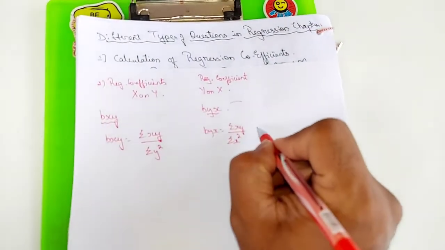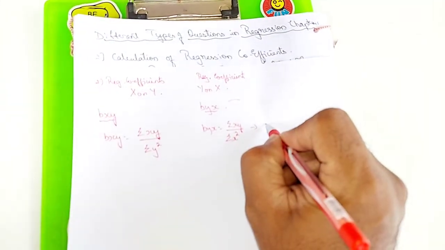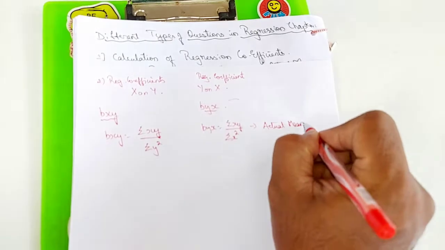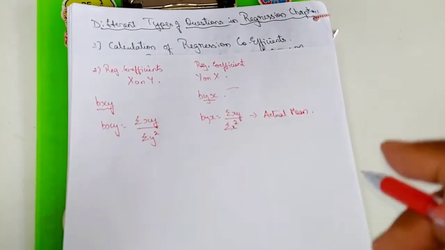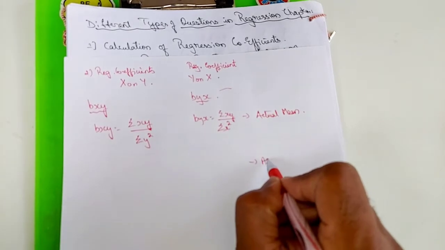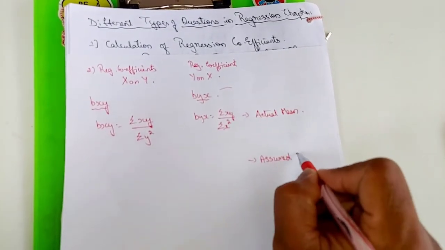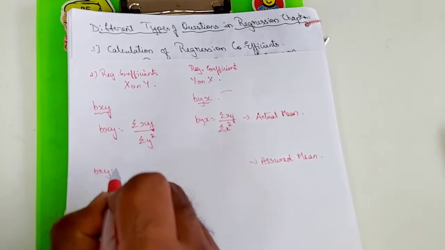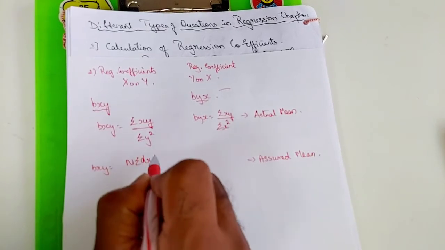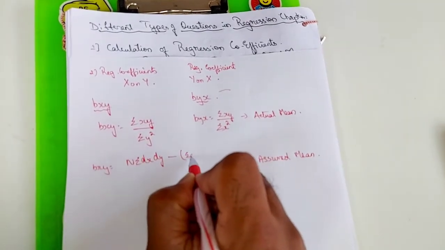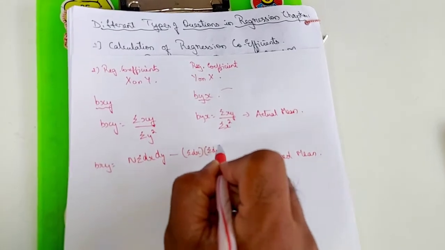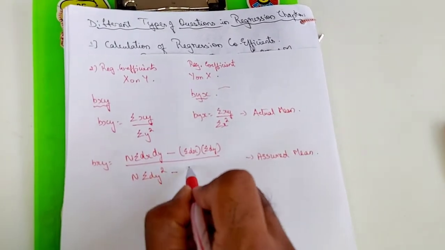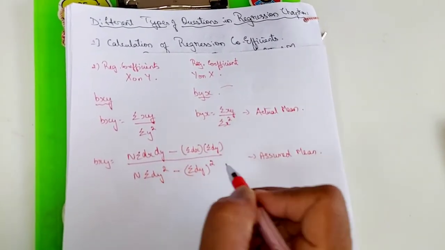sigma xy divided by sigma x square. Now this is applicable when we are trying to find out the regression equations from the actual mean. Now what happens when we are using the assumed mean? That is when we solve problems by the assumed mean method. Bxy is equal to n sigma dx dy minus sigma dx into sigma dy, divided by n sigma dy square minus sigma dy the whole square.